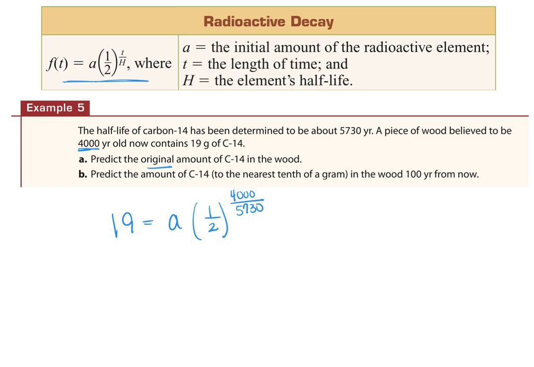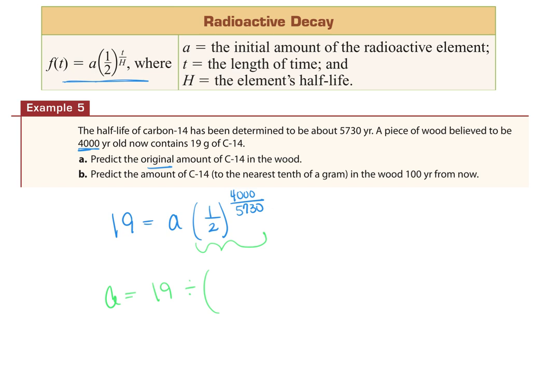How do I solve for A? What do I divide by? I divide by this whole thing right here. So you need to try this in your calculator and make sure you can do it. My A then is going to be 19 divided by, and you are going to do this whole thing, 1/2.